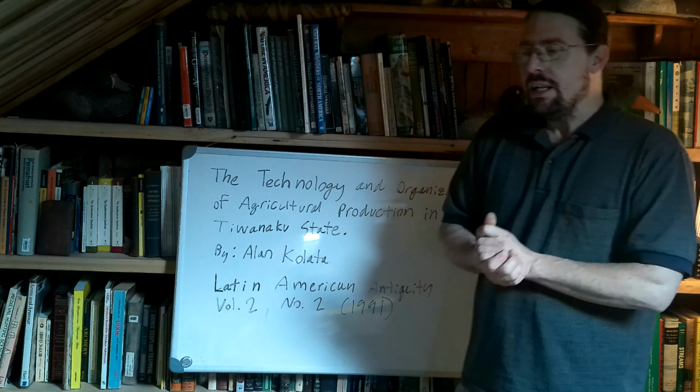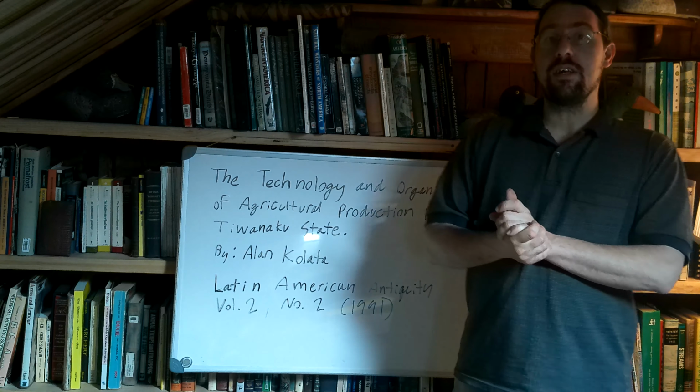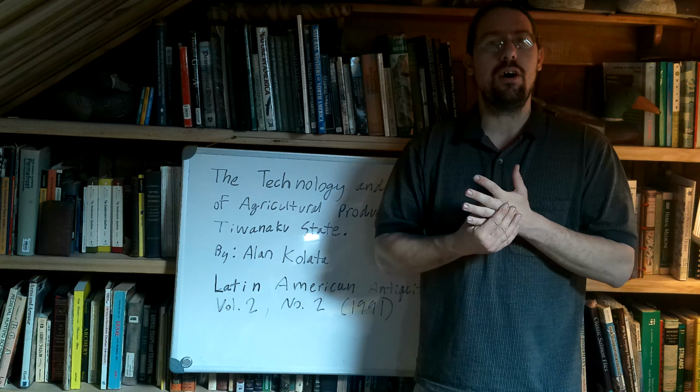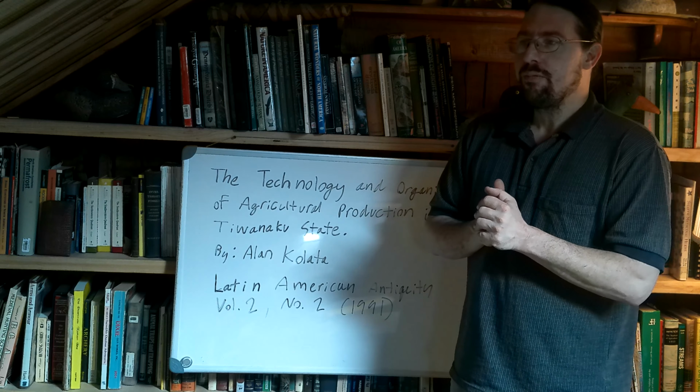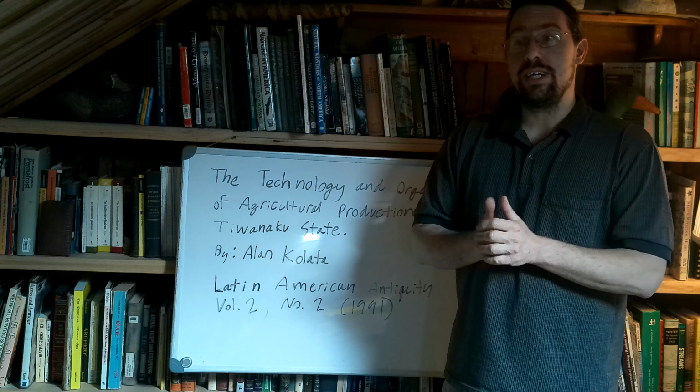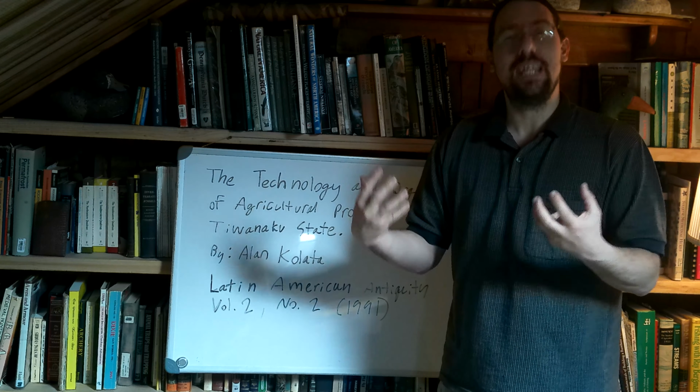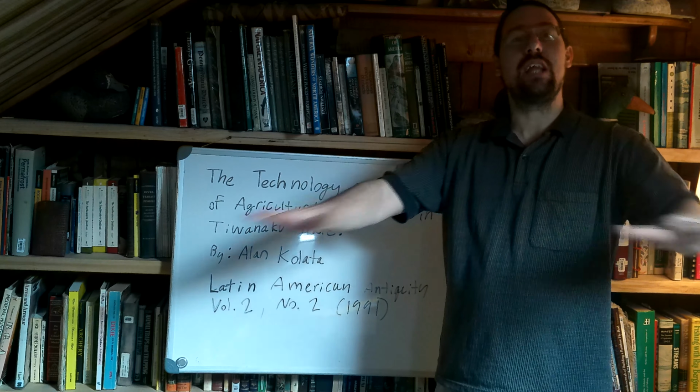Okay? This is found along the southern shore of Lake Titicaca, which is up on the Altiplano, as I said, and the key word in Altiplano is plain, right? This is a very flat site.